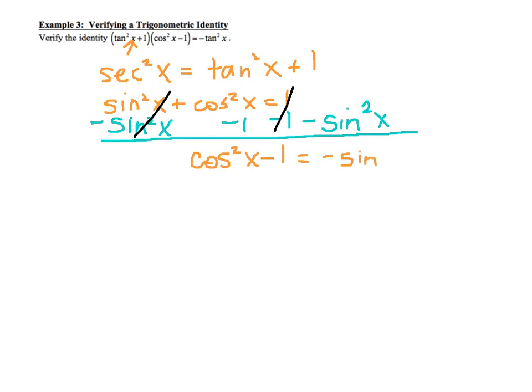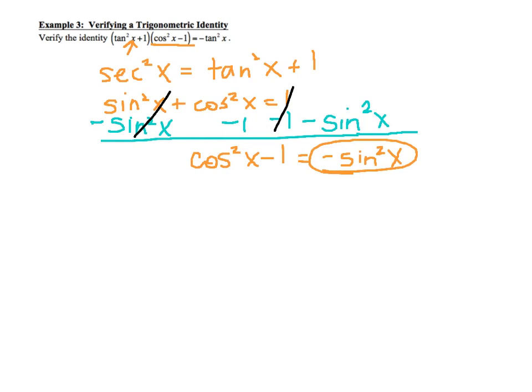squared x. So once again, we're just applying your identities, and so what we can do is we can take out the cosine squared x minus 1 and plug in negative sine squared x.